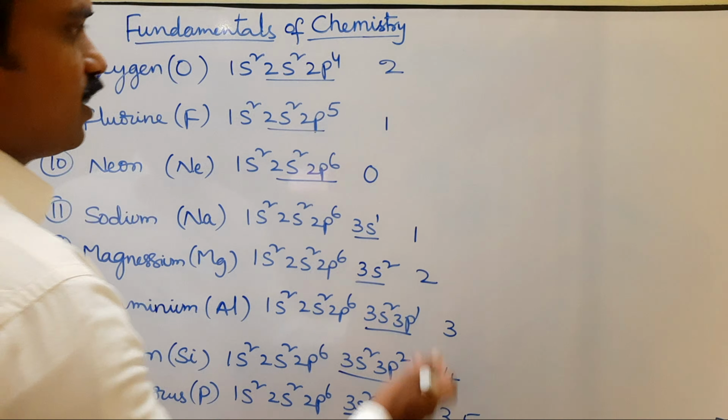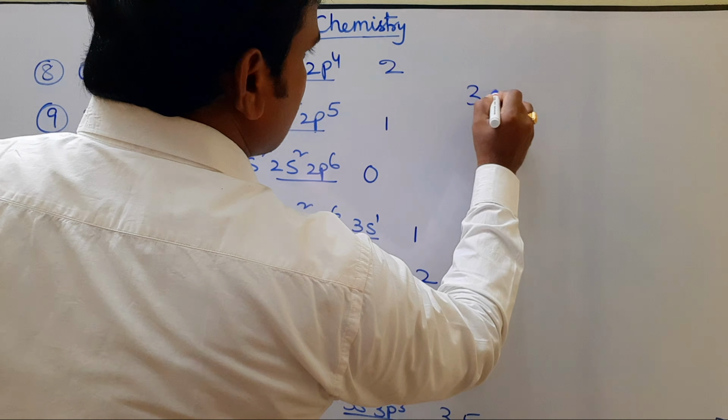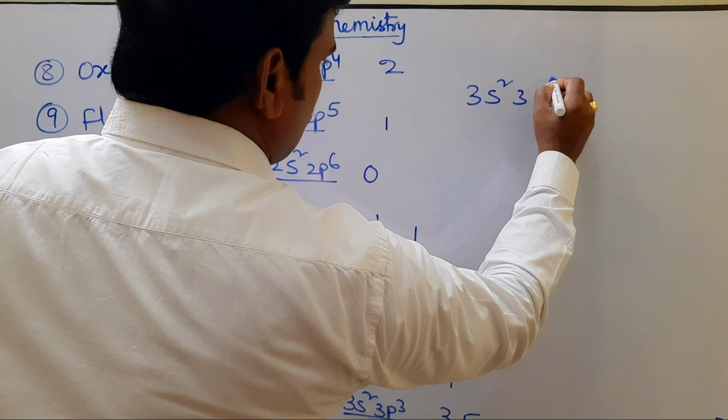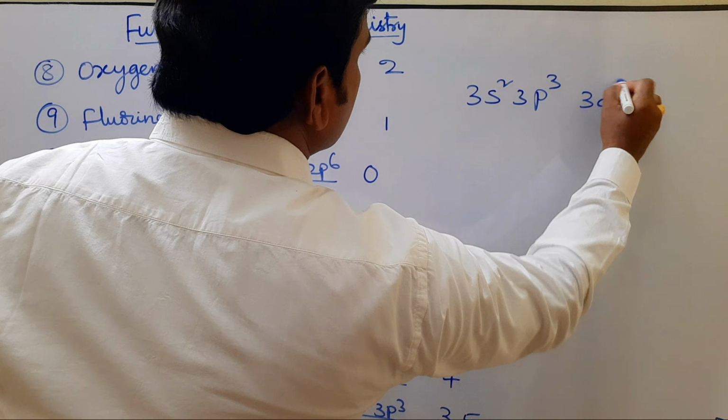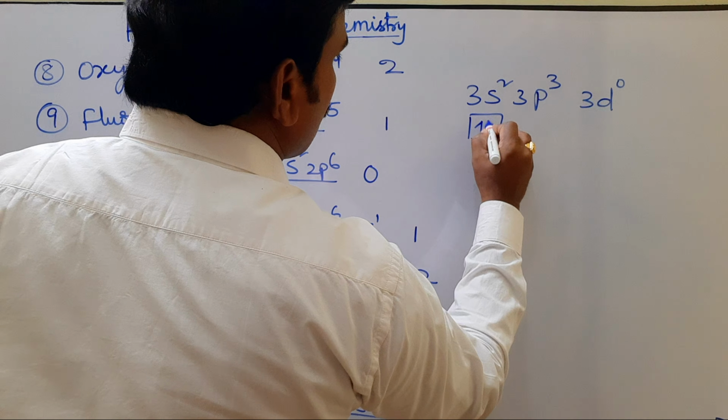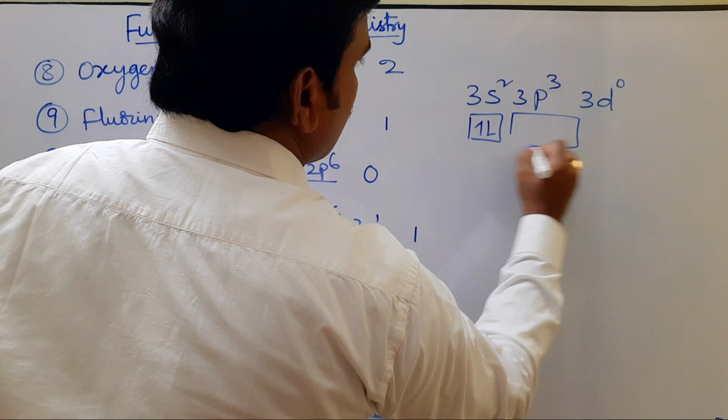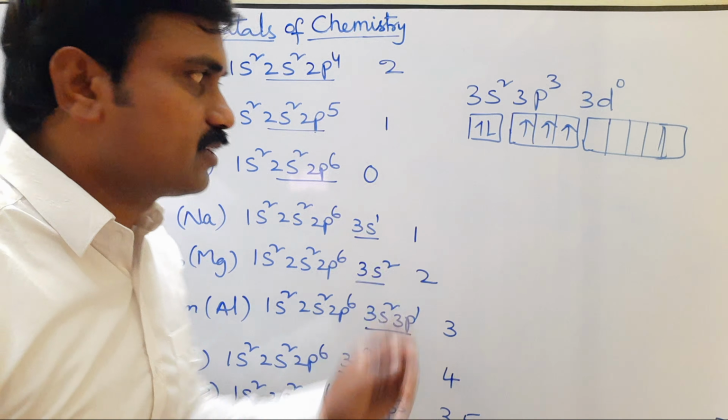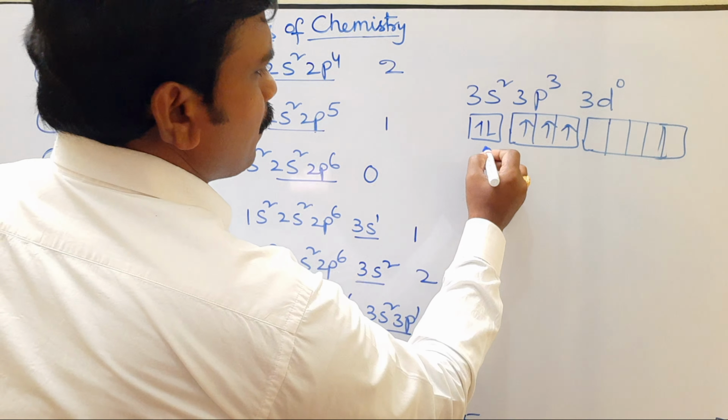Why does phosphorus exhibit 3, 5 valencies? Because look at its valence shell: 3s2, 3p3 and 3d 0. In the 3s level there is 1 pair, in the 3p level 3 unpaired electrons, and the 3d is also a vacant orbital. This is the phosphorus electronic configuration. Here paired electrons are there.